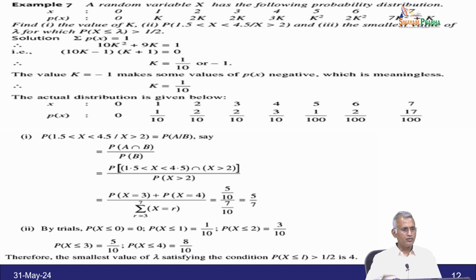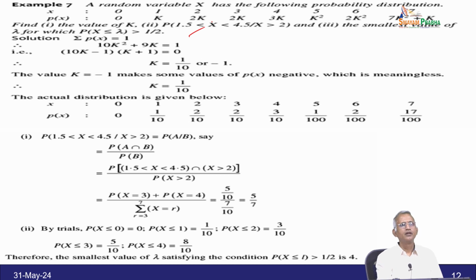I hope you can do the activities: find the value of k, and the probability of x lying between 1.5 and 4.5, given that x is greater than 2. So, this is based on conditional probability. Third question is the smallest value of lambda for which p of x less than or equal to lambda is greater than 1 by 2.